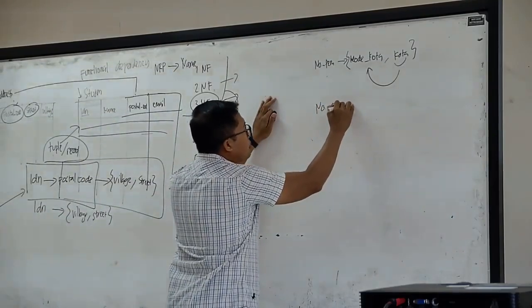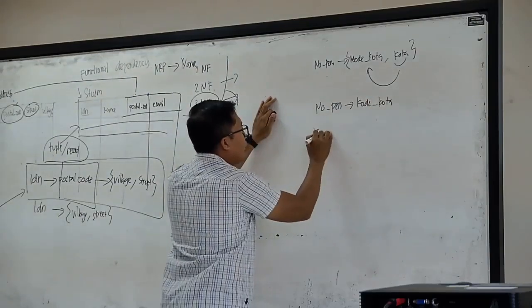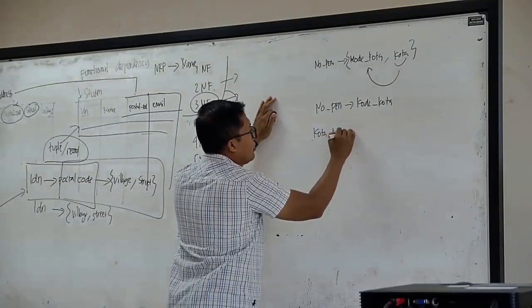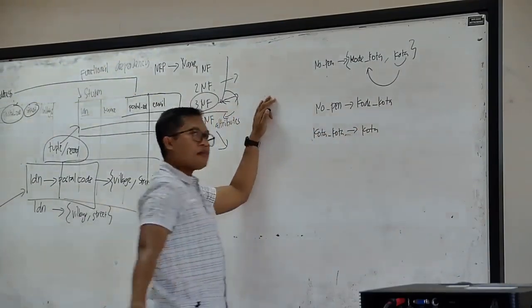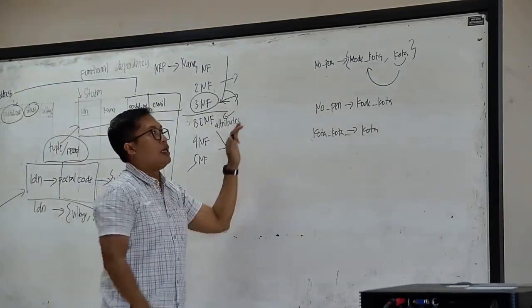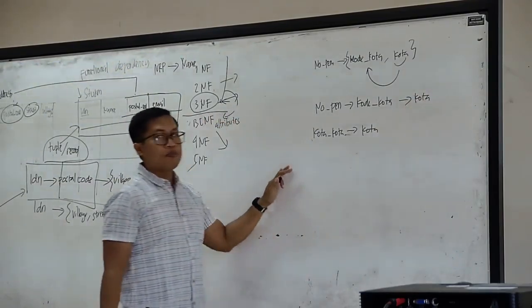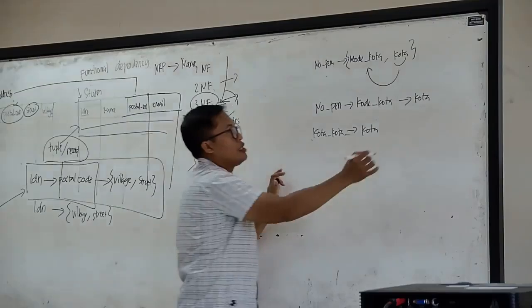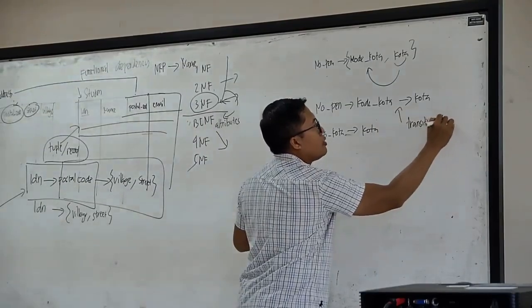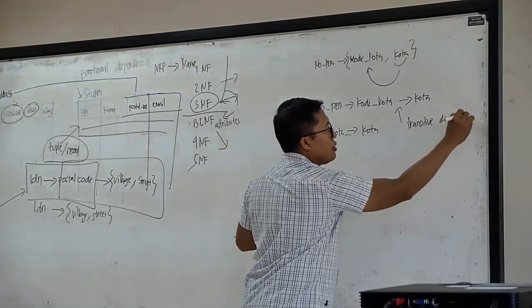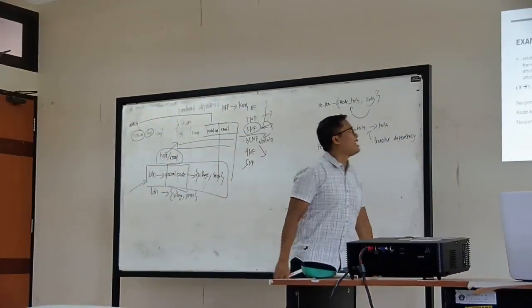Nomor pembeli will affect kode kota, and kode kota will affect kota. Yeah, or we write just like this. Okay. It is called transitive dependency. Just like that.